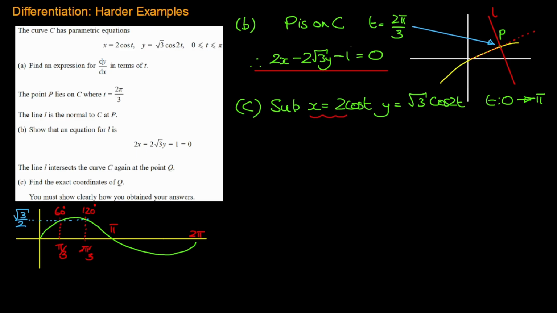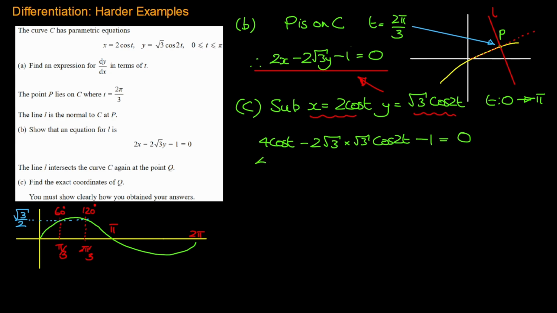Okay, putting these two values now into line L, this will be 4 cos t minus 2 root 3 cos 2t minus 1, and that equals 0.